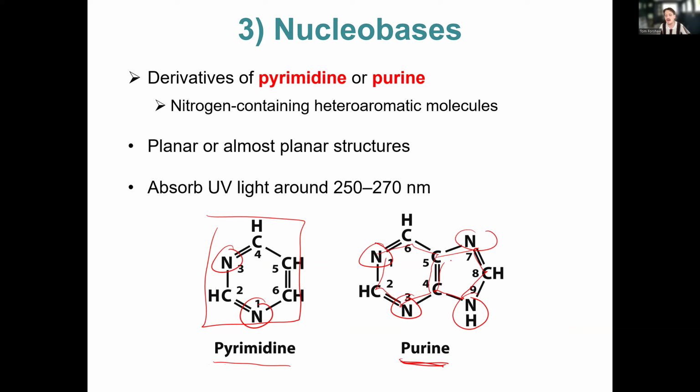These bases, conversely, are flat, or pretty flat. They also absorb UV light, and this is how we would measure DNA concentration, or nucleotide concentration, in a research laboratory. You put it in a spectrophotometer and shine UV light at usually 260 nanometers.